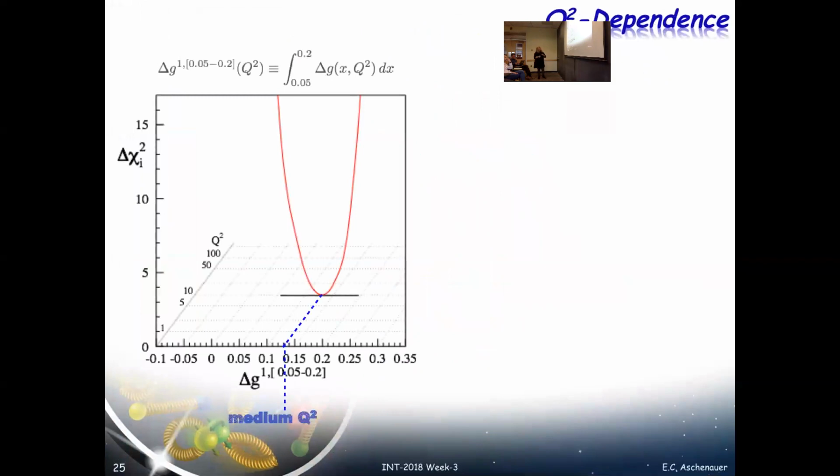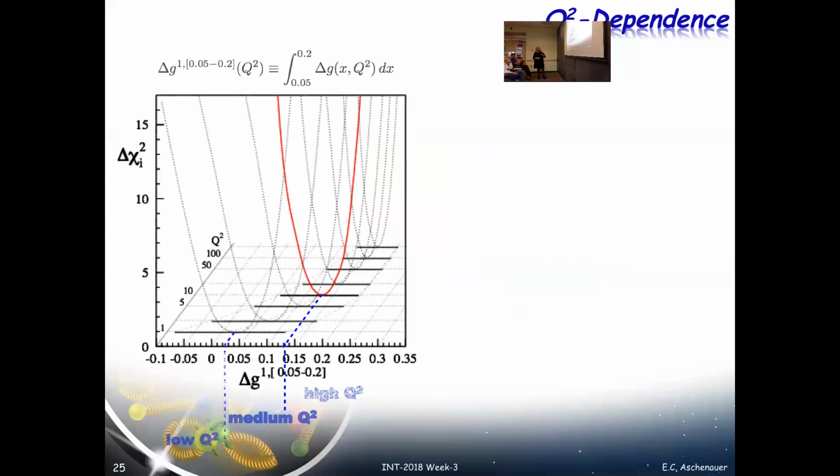Then something which Werner also said yesterday. That is the region which was constrained by the integral. Here you see the gluon distribution. If you look how that develops by changing Q squared, going from low to high Q squared, you see it becomes wider, but also your value shifts if you integrate over a fixed region.